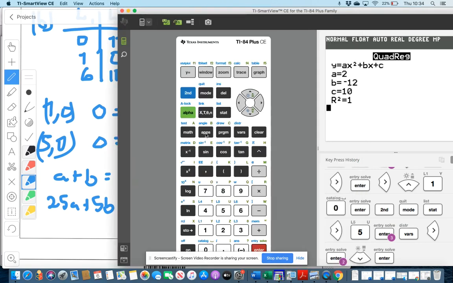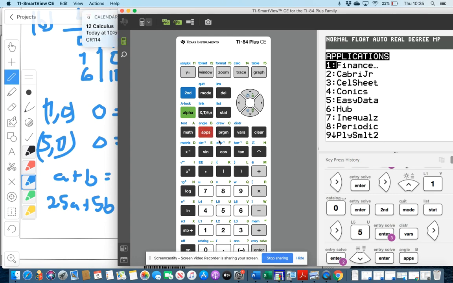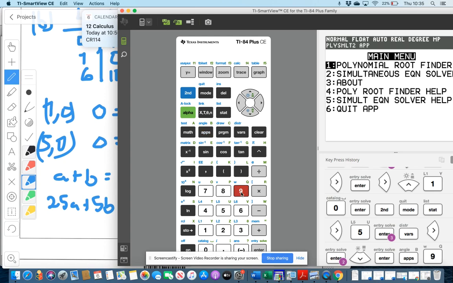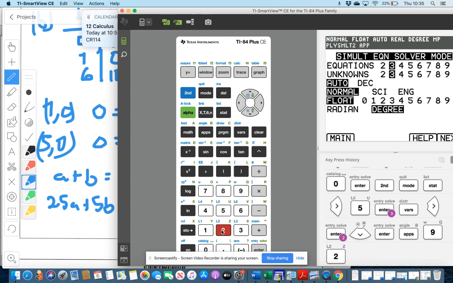We'll do that. Okay, so we need to go to the apps and do PolySmlt 9, and then simultaneous equation solver. And next, I want 2 equations, 2 unknowns.